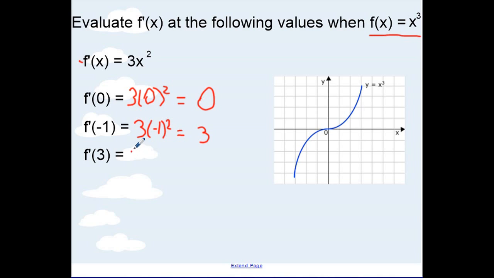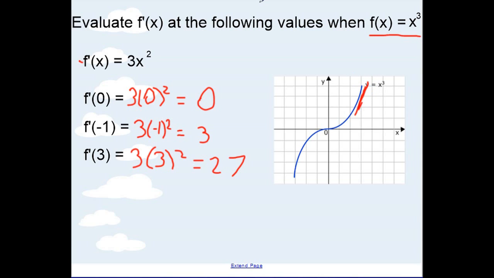So let's try one more thing at f prime of 3. So let's plug that in. We have 3 times 3 squared. Well, 3 squared is going to be 9. 9 times 3 is 27. If we're looking at f of x equals x cubed, at x equals 3, that's 1, 2, 3. Well, our function is kind of doing something like this at that specific point.